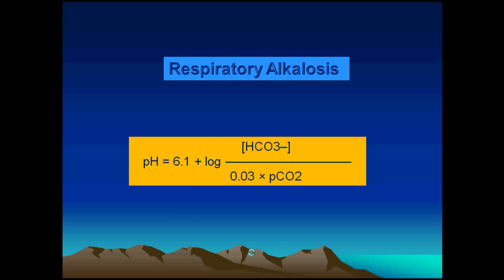Let's go back to this formula. The pH is usually kept constant by the interrelation between the bicarbonate and carbon dioxide. In respiratory alkalosis, there is washout of carbon dioxide, due to either chemoreceptors, mechanoreceptors, or direct stimulation of the respiratory center.